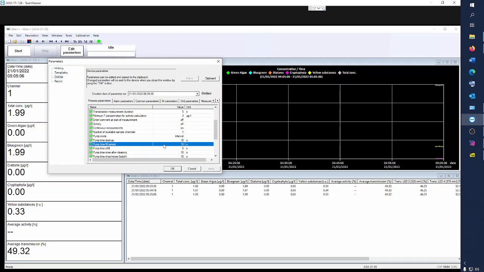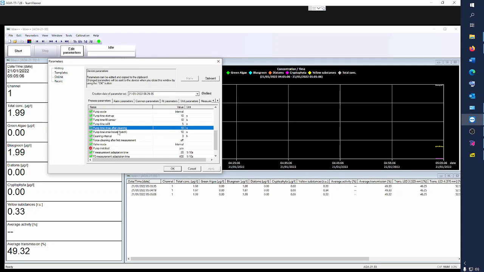You can measure how long it takes until the water is at the outlet of the AOA. To refill the sensor is 5 seconds. How long it should be pumped after cleaning? Every cleaning the piston goes up and down, then you have to clean the situation.